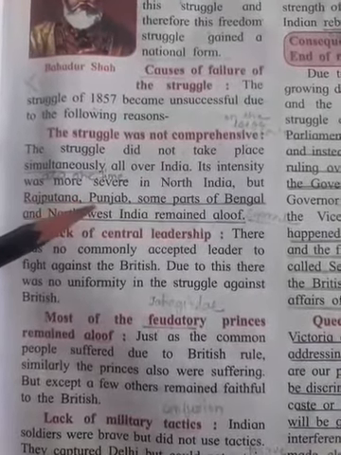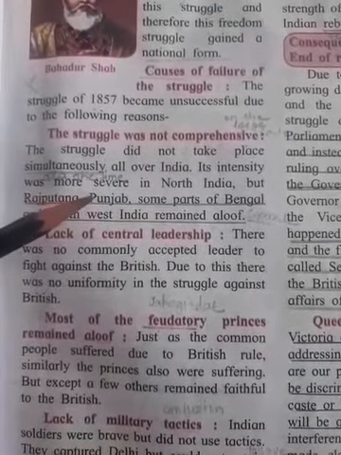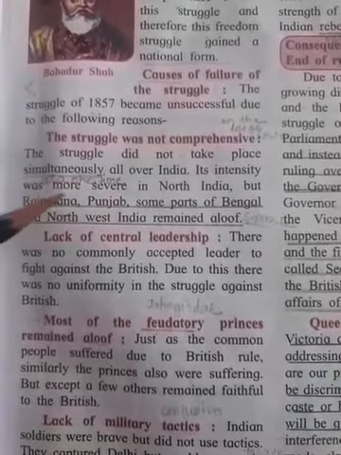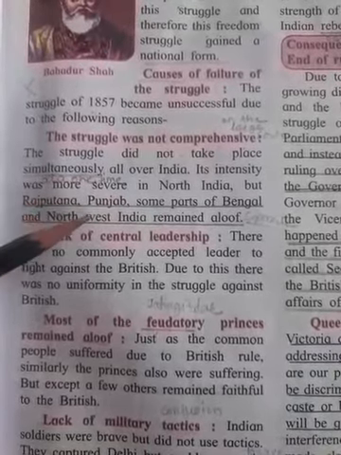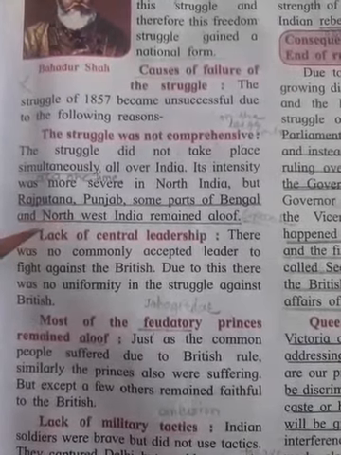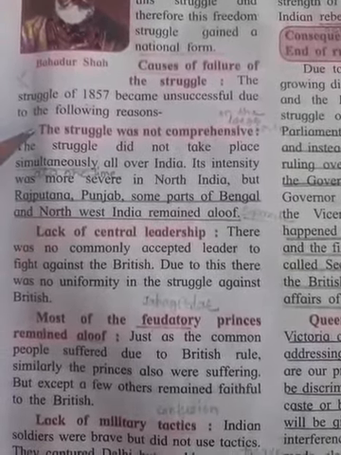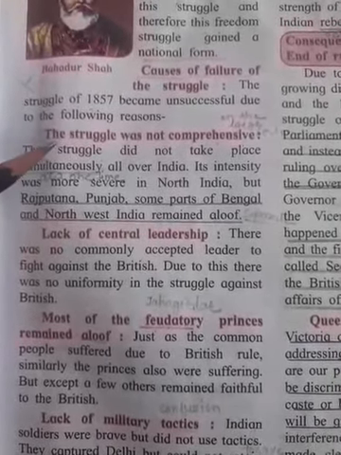The intensity was more in North India, but regions like Rajputana, Punjab and some parts of West Bengal or Northwest remained aloof. The kings remained aloof. It was the first cause of failure, that the struggle was not comprehensive.